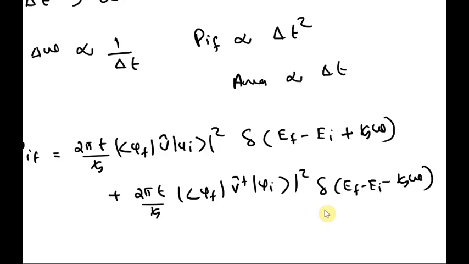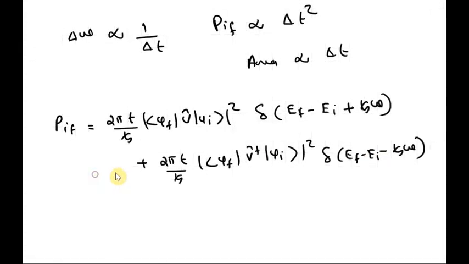Okay, so this is the kind of expression that we are getting for the limit when delta t tends to infinity.